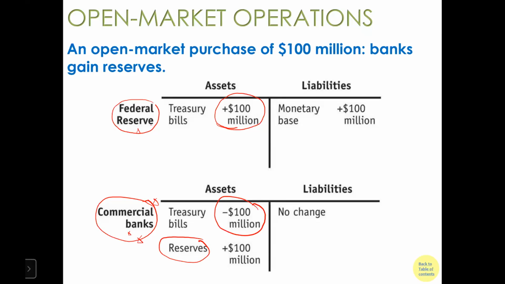Okay? Then if we look at the central bank, you're going to see that the central bank has an additional $100 million of liability. This $100 million liability corresponds to the increase in reserve of the commercial bank. The commercial bank has an increase in reserve because it sold $100 million of treasury bills to the Federal Reserve.